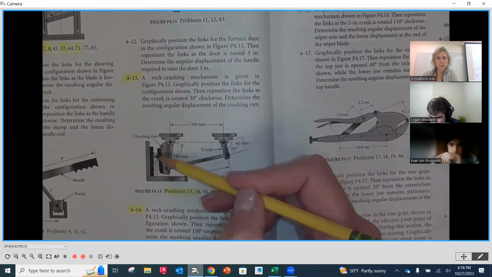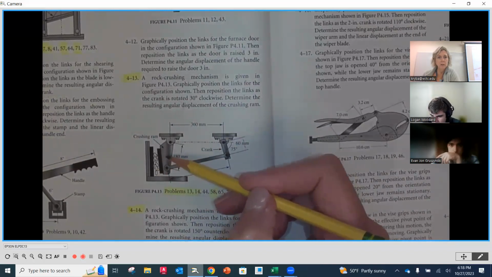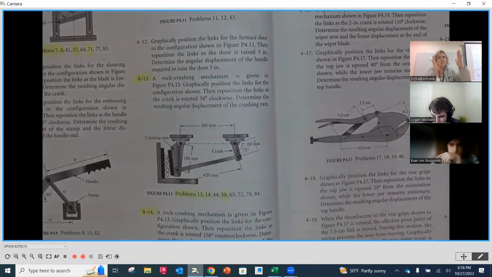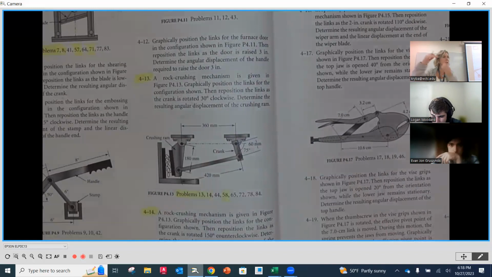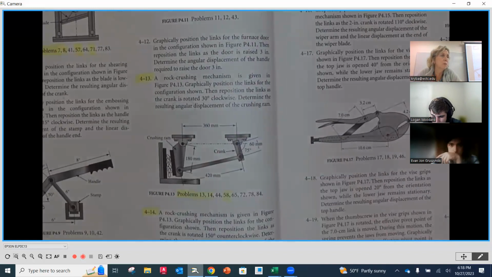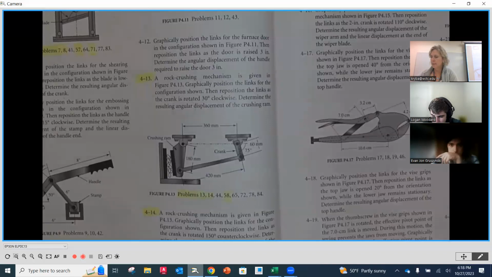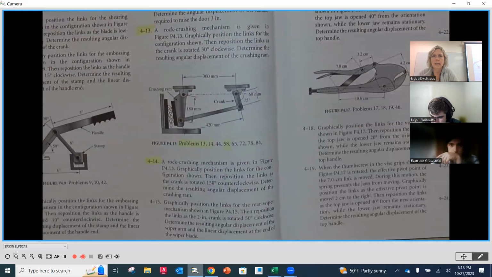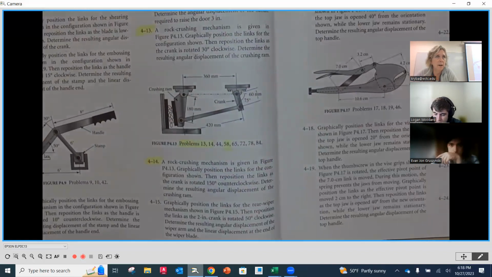You're going to find the new position and get the angular displacement, not a distance. Sometimes students will put a distance at the end there. No. We want the resulting angle between. You're going to add that using AutoCAD. And then same thing for 14, utilizing that very same diagram. Not done yet.